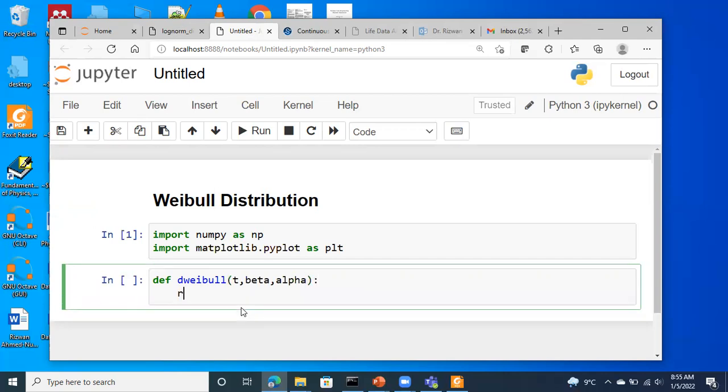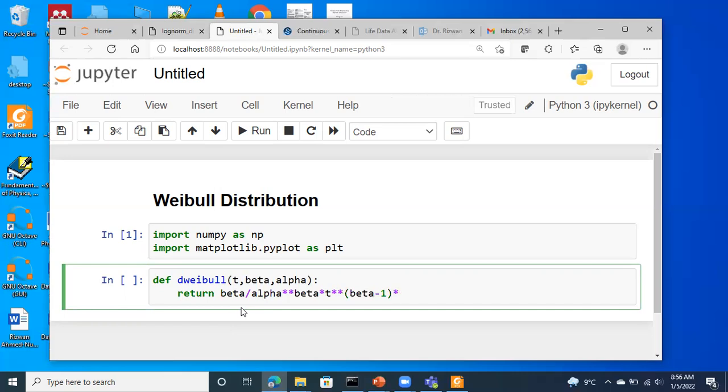And what it should return, that should be the expression beta divided by alpha raised to the power beta, times t raised to the power beta minus 1, right?